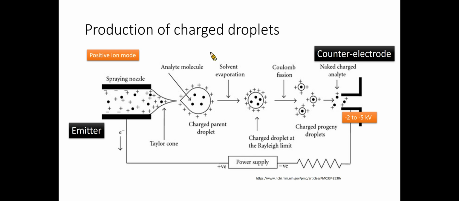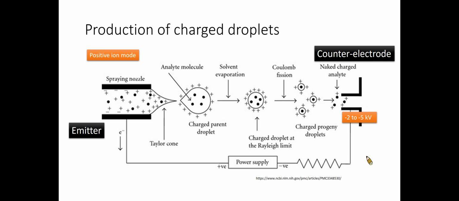The voltage difference between the emitter and counter electrode establishes an electric field, typically a million volts per meter, pushing the charged ions moving towards the mass analyzer.